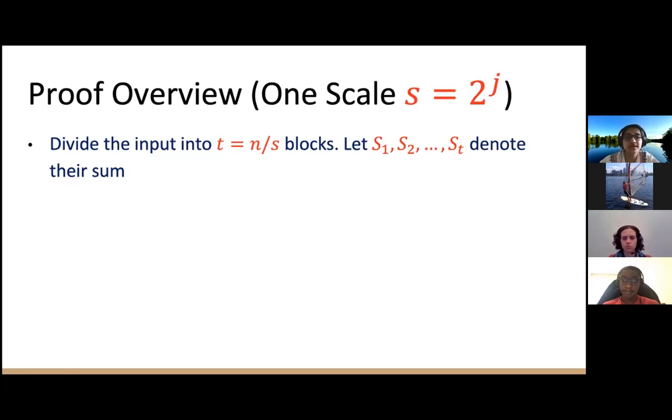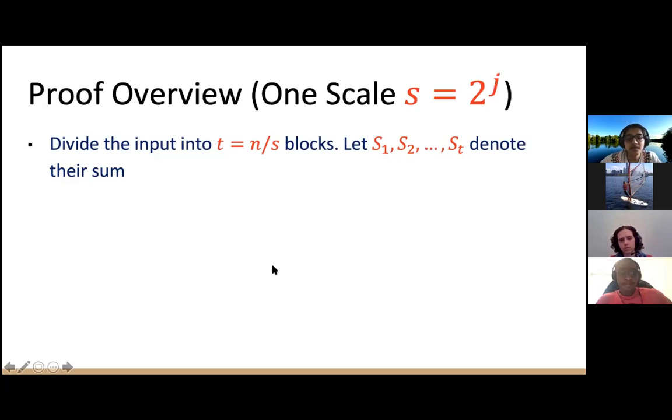For this, let's look at a scale of size 2^j, and we divide the input into t equal to n by s blocks, so that each block has s bits of the input stream, and let s_1 to s_t denote their sums. That is, s_1 denotes the sum of the first s bits of the input stream, s_2 denotes the sum of the second set of s bits, and so on.